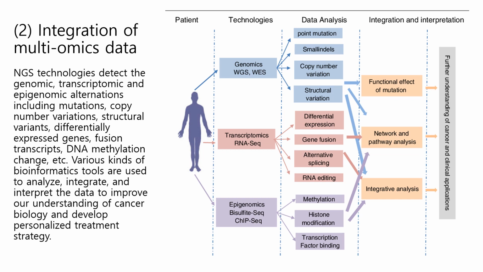But we had some trouble integrating these multi-omic data into a meaningful result. So we tried to develop a multi-omic integration and analysis pipeline, but it is just at the beginning stage now.